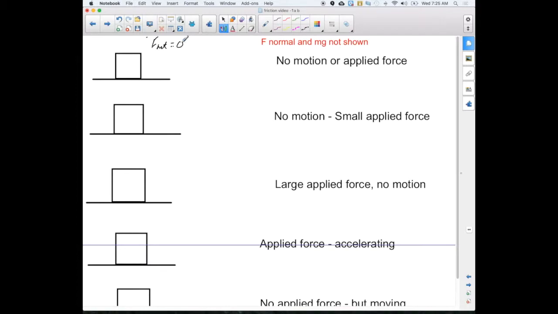There's no friction force. Now suppose I apply a small applied force. It's not moving, no motion, and so therefore there will be an opposing force, force of friction static. And these two are going to be equal and opposite, and I've got static because it's not moving.